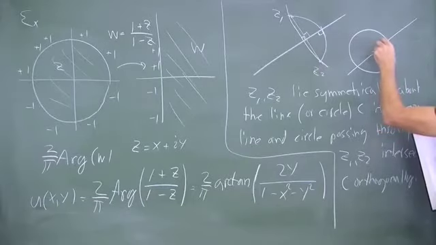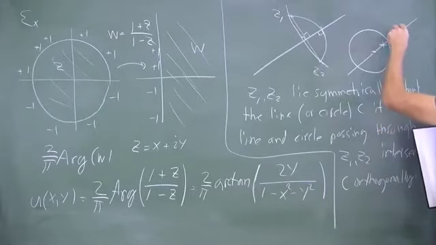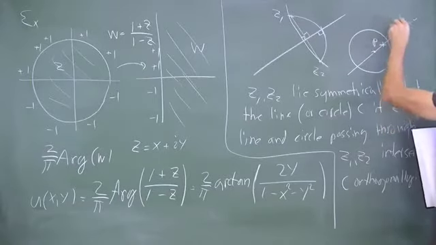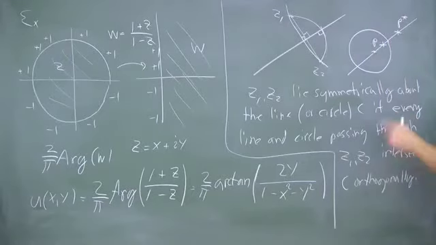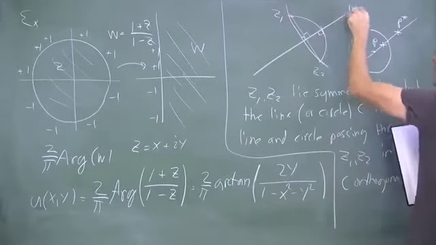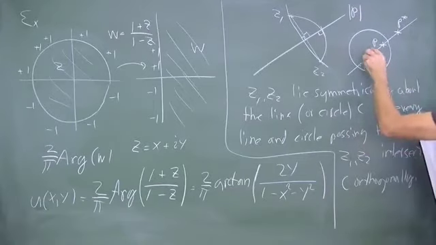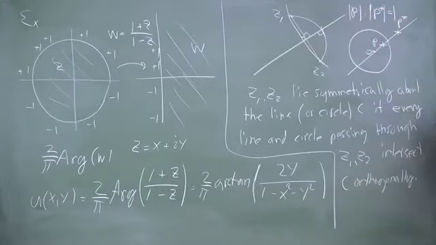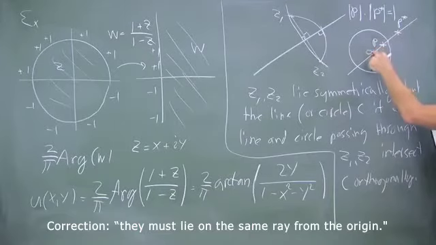Then I say that these 2 points, if we call them P and P star, they lie symmetrically about this circle if and only if, suppose this is the origin, then the absolute value of P times the absolute value of P star is equal to 1. And of course, they must both lie on the same line through the origin.